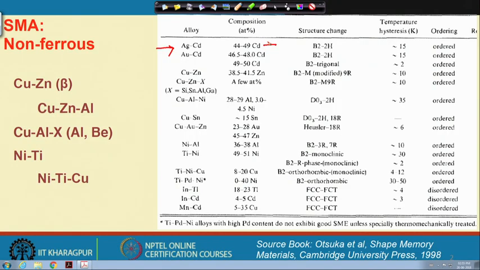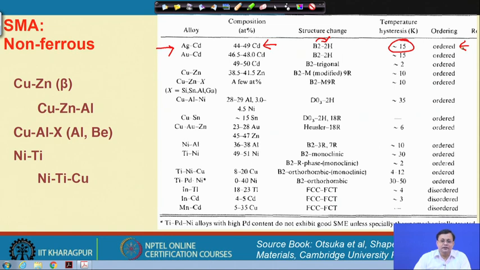Here I show you a big table, and if you have a look, the first alloy system is silver cadmium, where the composition is around 50-50, or something like 44 to 49% cadmium, and the transformation occurs from an austenite which has a B2 structure to 2H, and the transformation hysteresis is rather small, about 15 K.